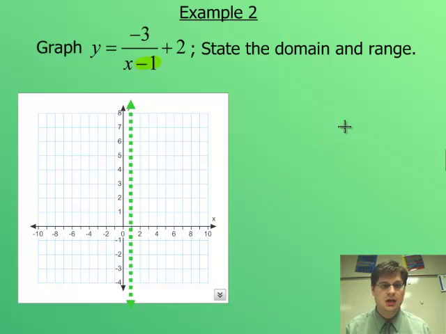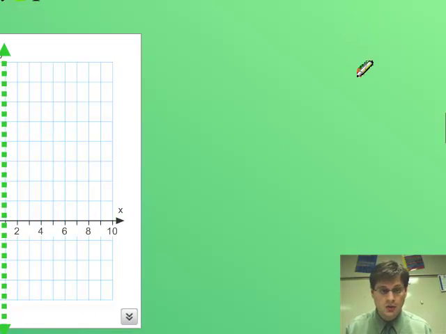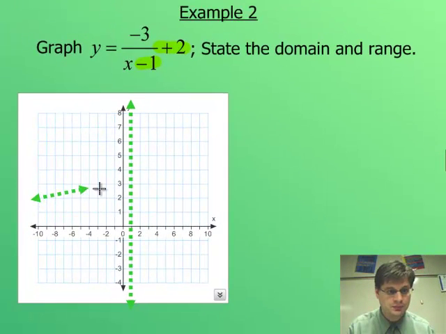At x equals 1, and then the plus 2 tells us that our graph is going to be shifted up 2. So thus the horizontal asymptote is going to be y equals 2. So I would draw that in like so.